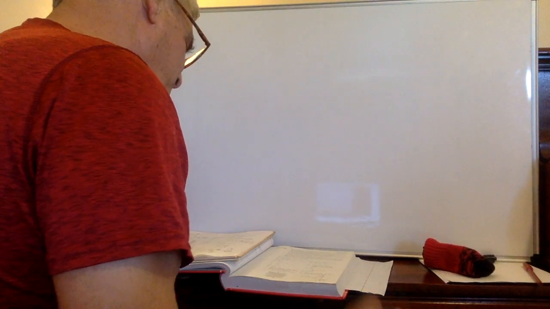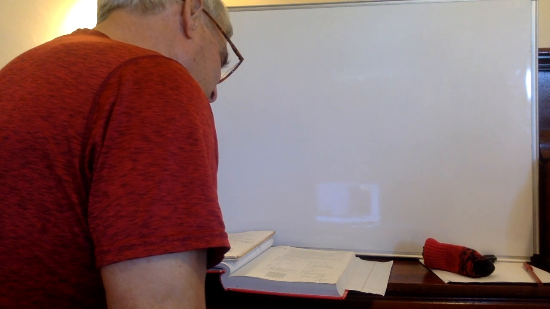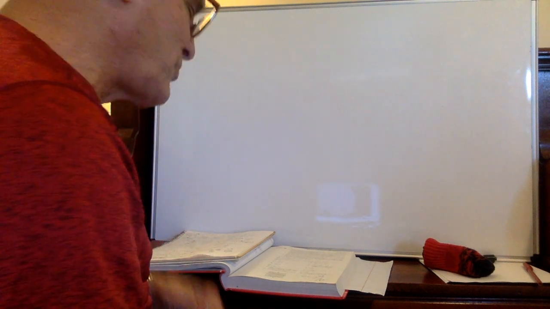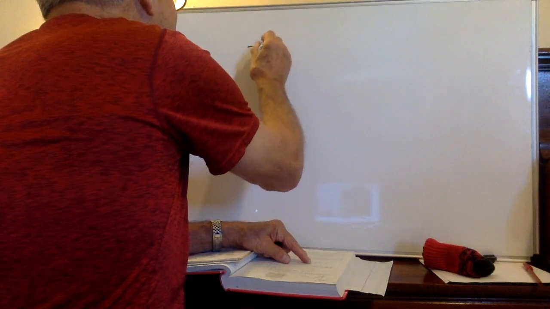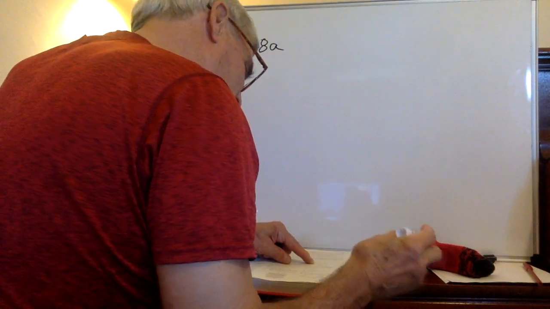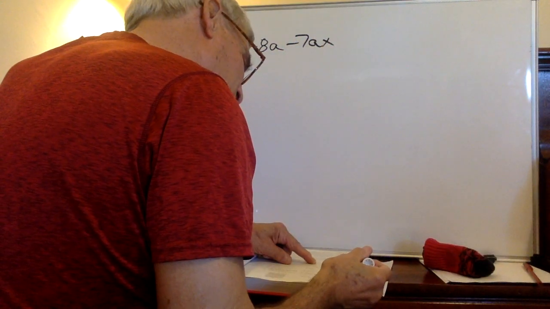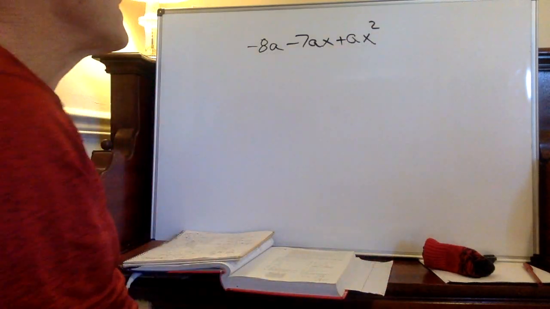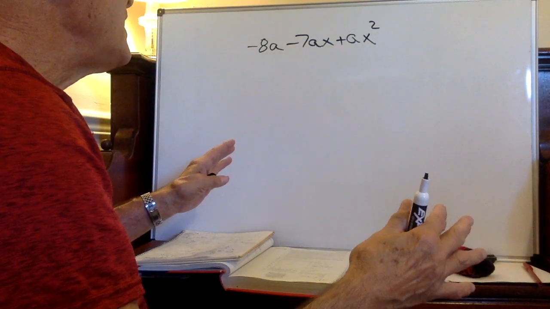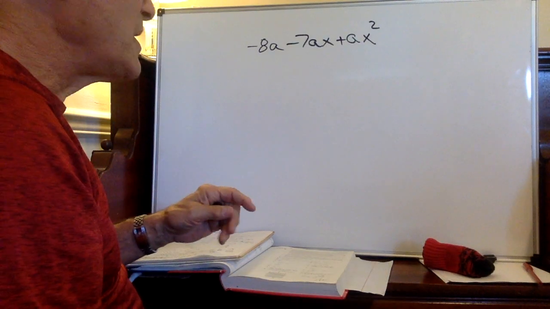Number 11, they asked you to factor completely. And the first step is always the greatest common factor. And here you have negative 8a minus 7ax plus ax squared. Now, a couple of ways to go about this one.